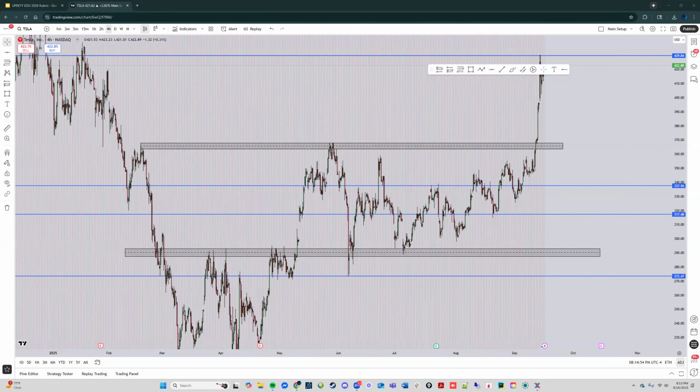Once again, where did the market find equilibrium? Equilibrium just means that we have found a quote unquote fair price. Can somebody tell me where price on this chart finds equilibrium? Between demand and supply, yes.